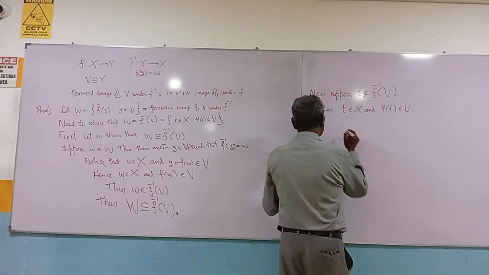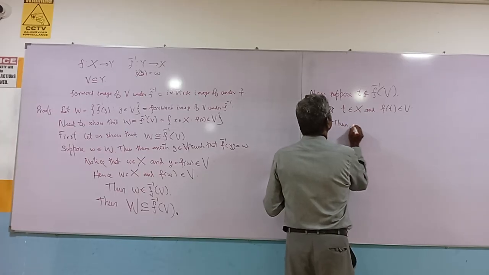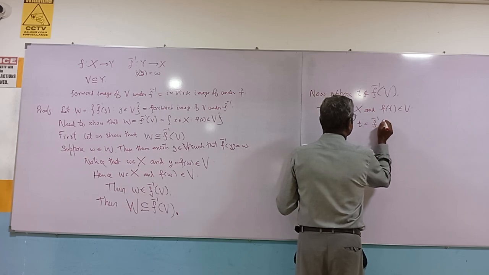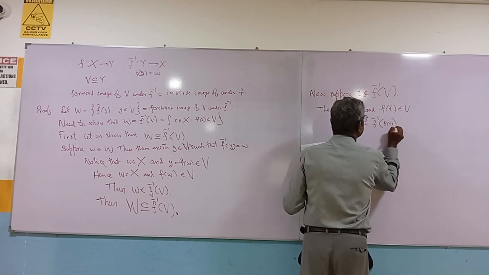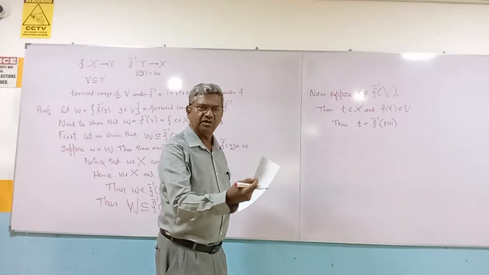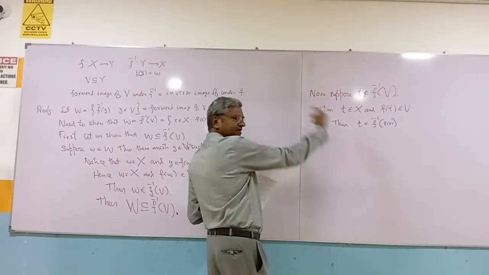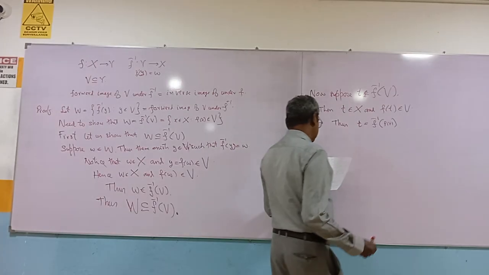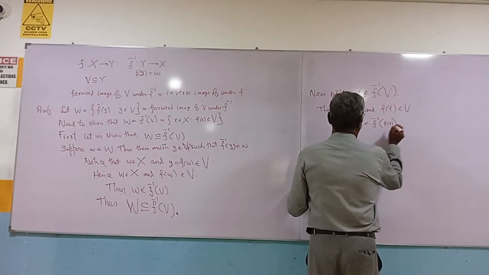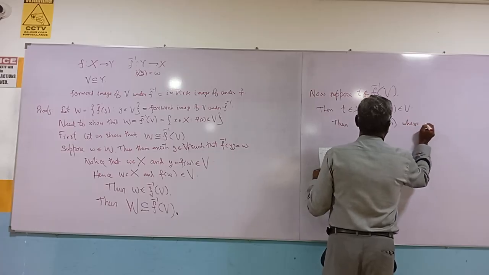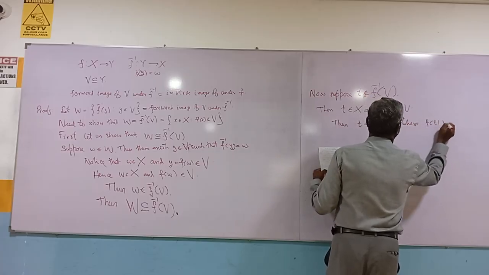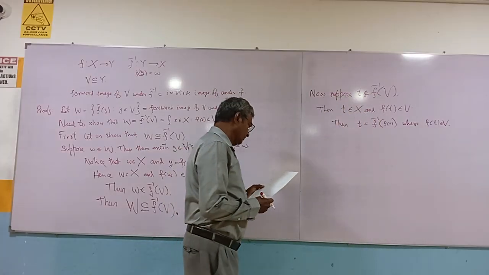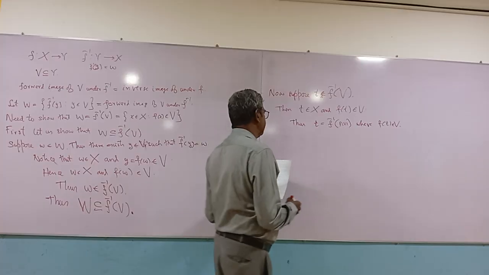Hence I can say t is equal to f inverse of f t, because it is 1 to 1. T goes to f t, and f inverse of f t goes to t, where f t belongs to v.